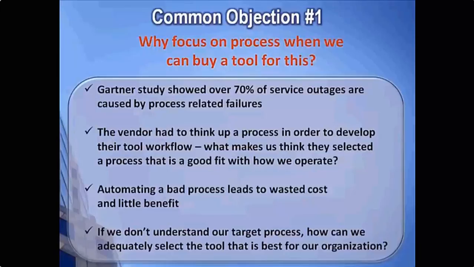I'm very much an advocate that you start with process, and the purpose of the tools is to simply automate and enforce your process once it's in place. So again, this is a reason for focusing on process, and I know IT doesn't always feel comfortable with that kind of an approach, but it's really what's happening and what makes sense there.